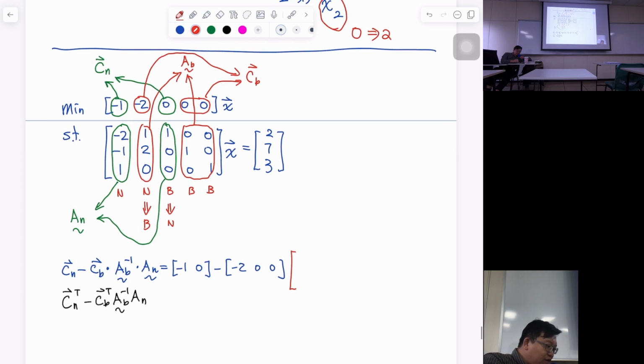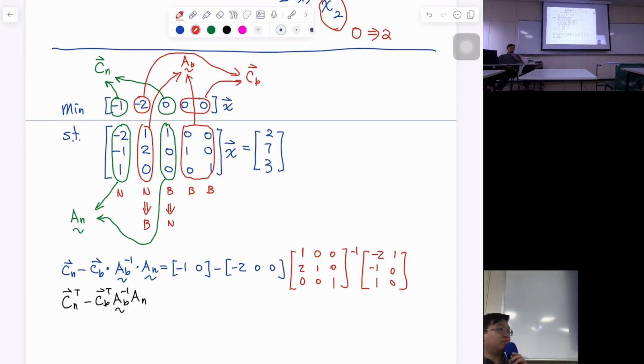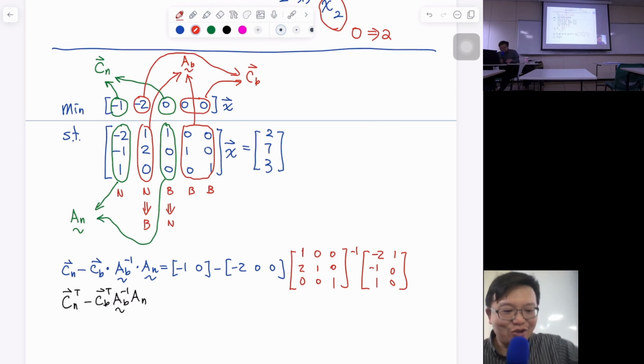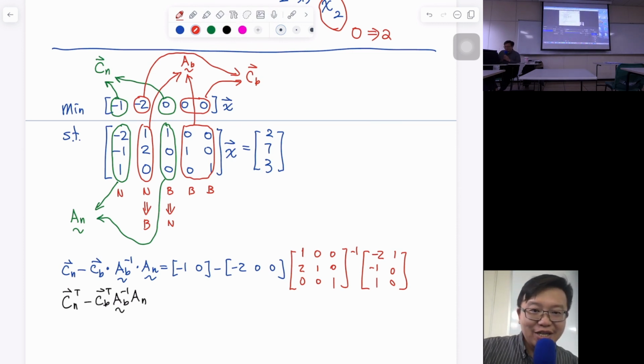So what's your AB right now? 1, 2, 0, 0, 1, 0, 0, 0, 1, and inverse. What's your AN? AN now is negative 2, negative 1, 1. 1, 0, 0. Okay. So, I need MATLAB for this. I don't want to do it by hand.